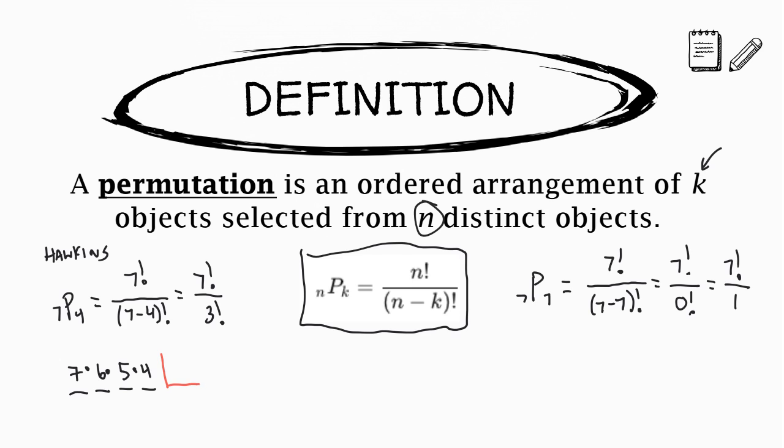It didn't continue all the way down to 1. We didn't then multiply by 3 and 2 and 1, and that's exactly what my formula says to do. Do 7 factorial and then divide out the 3 times 2 times 1, the 3 factorial at the end, because we only want to choose 4 letters.